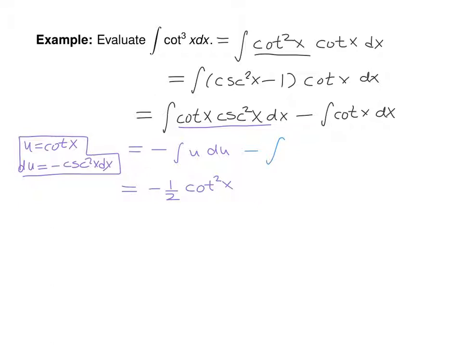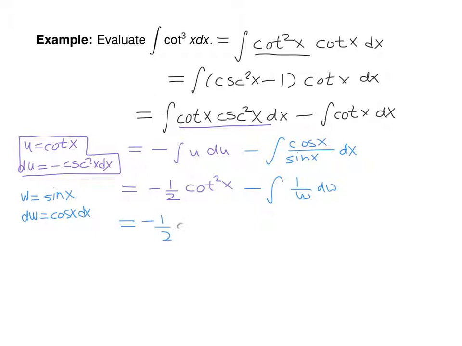Think about cotangent as cosine over sine. And I've already used u, so let's use w, make a substitution for sine. And the derivative of sine is cosine. Lovely. This becomes minus the integral of 1 over w dw. And, well, you can do that.